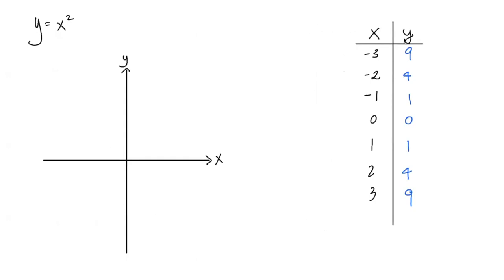Now, the shape of the graph should look something like this. In Algebra 2, you should have learned about the quadratic equation and parabola. So we have that right there. That's the shape.